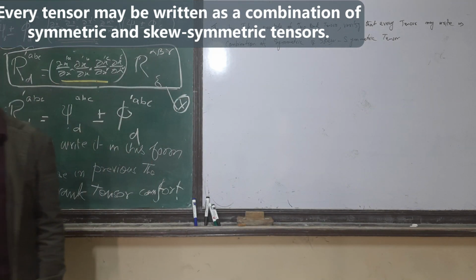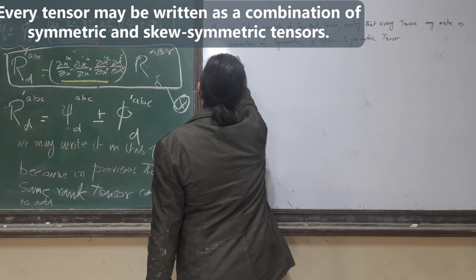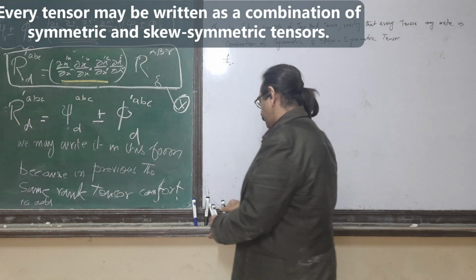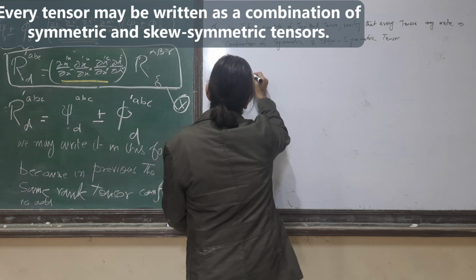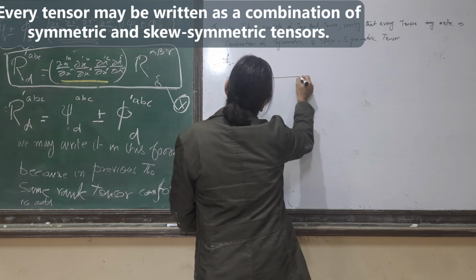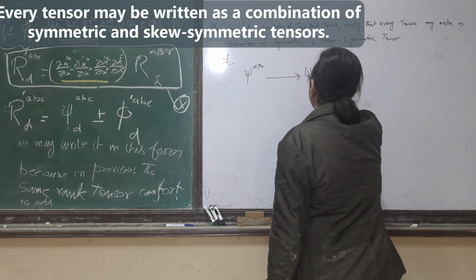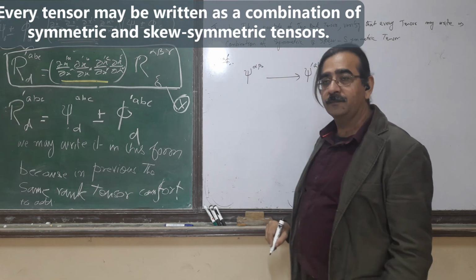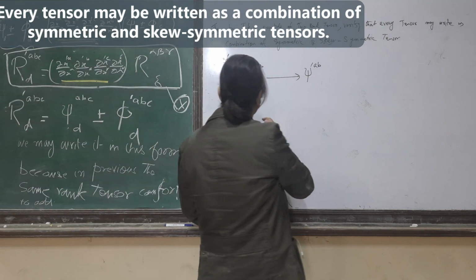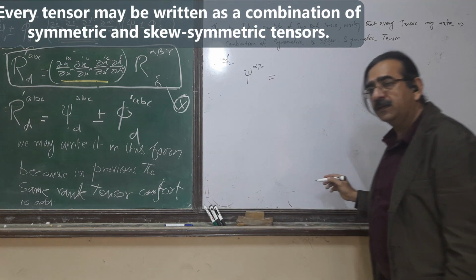Okay. For example, let's suppose you have alpha beta converting into AB. Okay. No need for this, psi alpha beta is a two rank tensor. Okay.